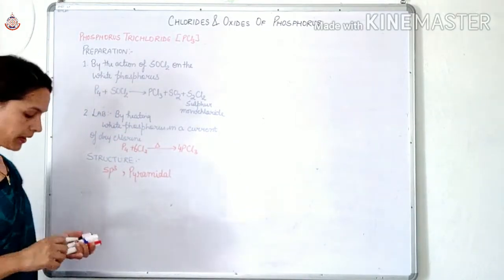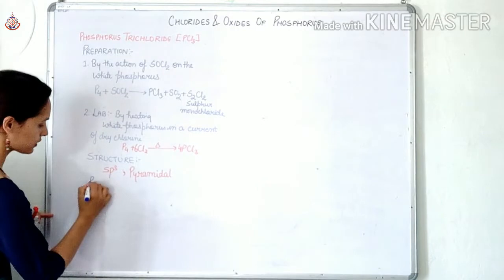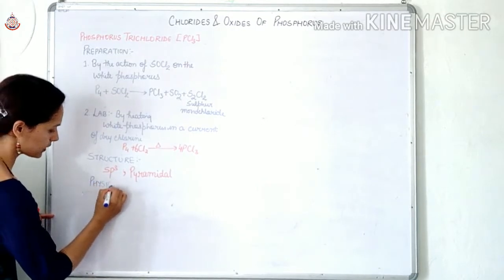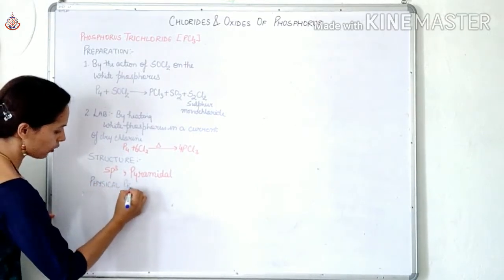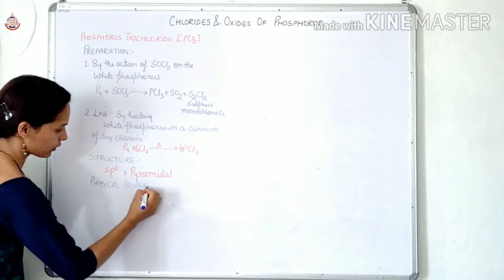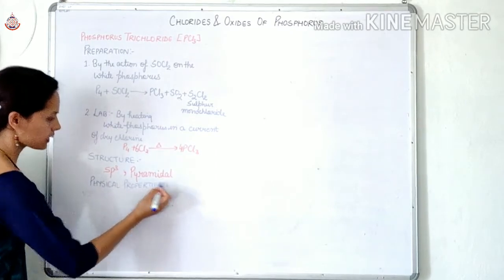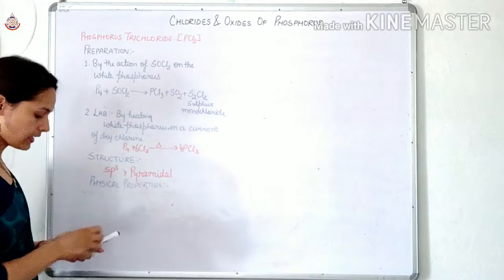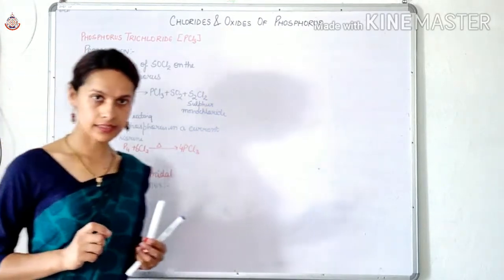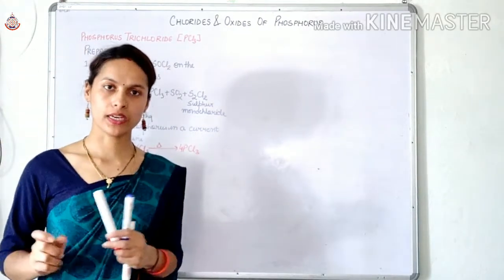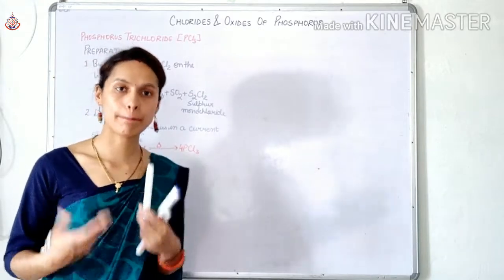Next, we will deal with the physical properties of phosphorus trichloride. The first physical property is that it is a colorless liquid with a pungent smell.